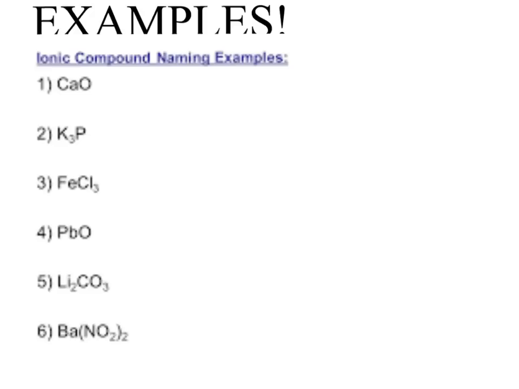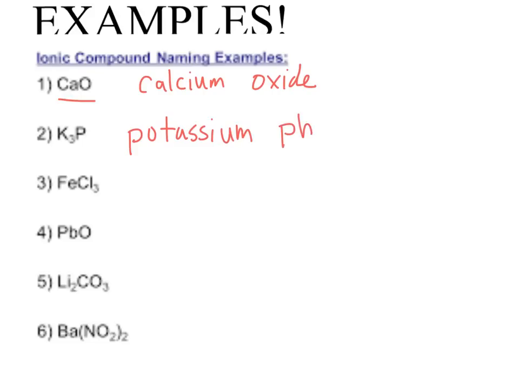If you did it correctly, this one here would be calcium oxide. Number 2, if you did this one correctly, would be potassium phosphide.